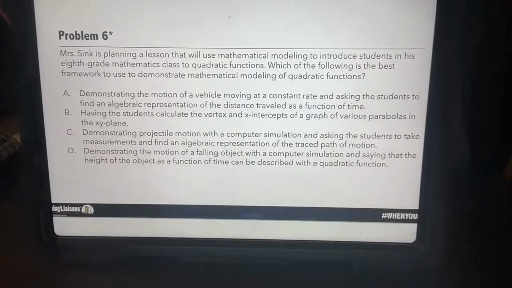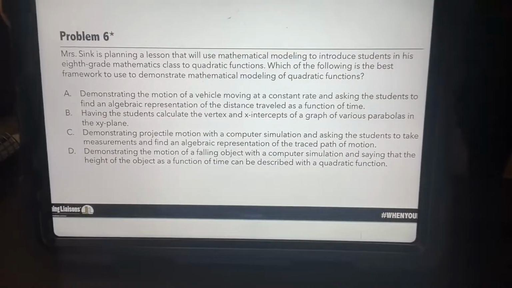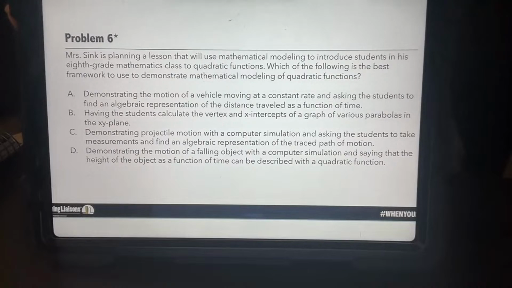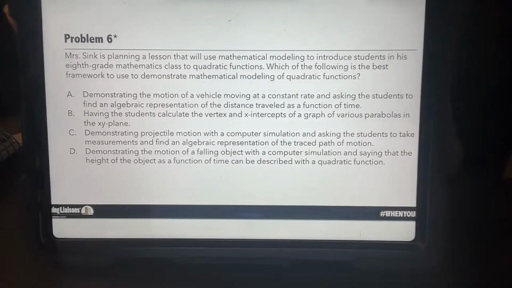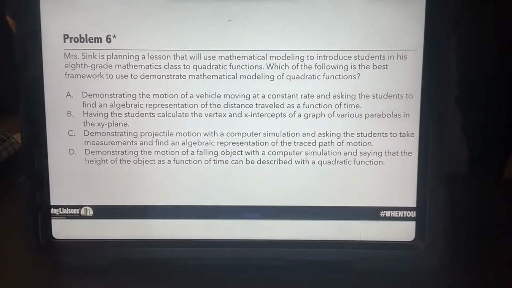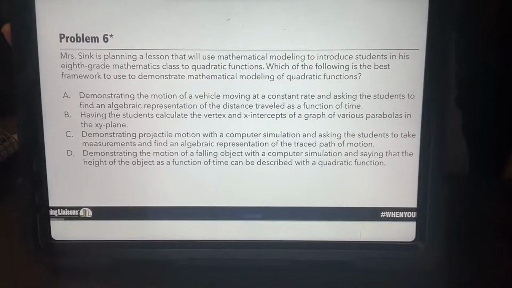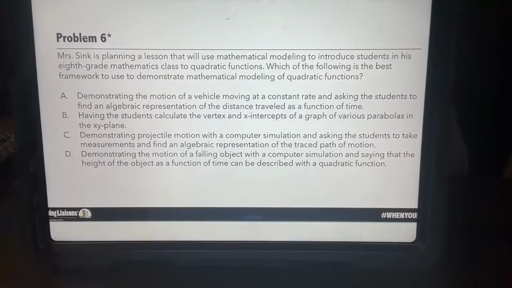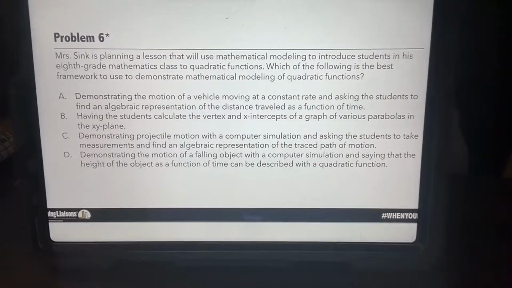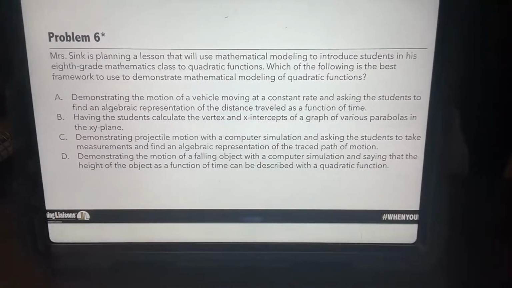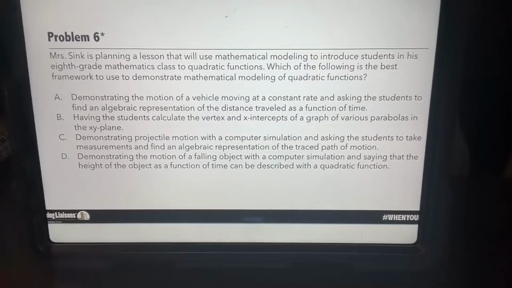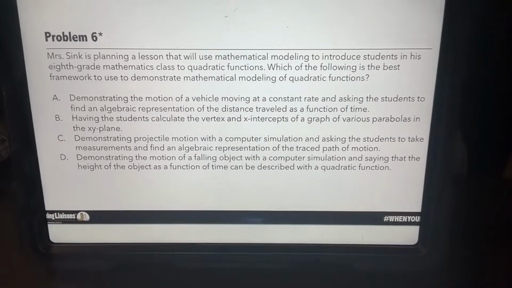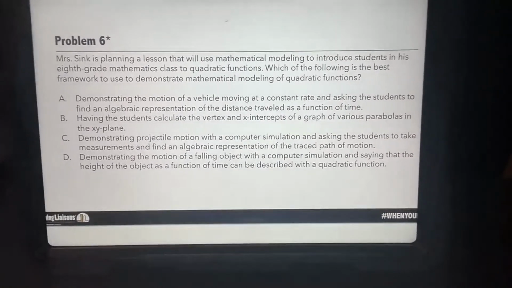B, having the students calculate the vertex and x-intercepts of various parabolas in the xy plane. C, demonstrating projectile motion with a computer simulation and asking the students to take measurements and find an algebraic representation of the traced path of motion. Or D, demonstrating the motion of a falling object with a computer simulation and saying that the height of the object as a function of time can be described with a quadratic function.